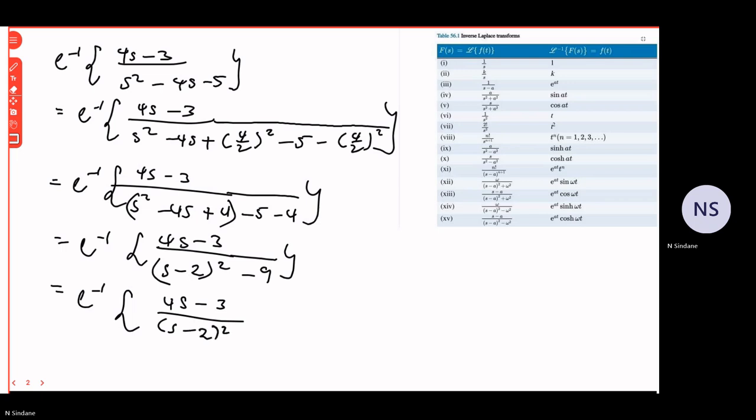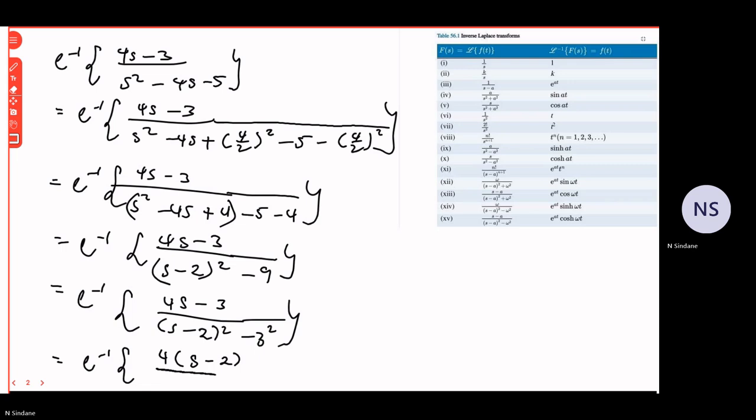Now, I want to make sure that this bracket, s minus 2, is also s minus 2 on top. I need s minus 2 on top. So how do I do that? I'll say the Laplace inverse of 4 into s minus 2. If I multiply 4 by this, it gives me 4s.